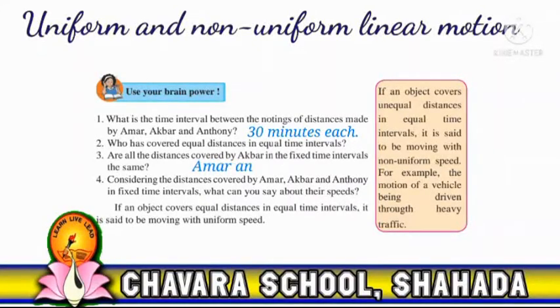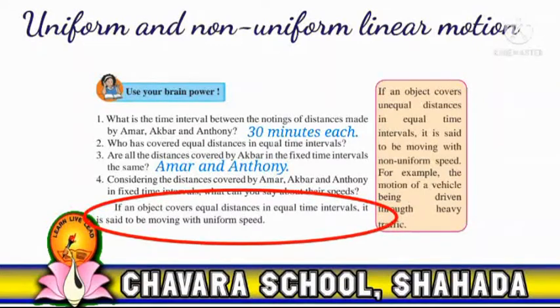Amar and Anthony have covered equal distances in equal intervals of time. Fourth question. Considering the distances covered by Amar, Akbar and Anthony in fixed time interval, what can you say about their speeds? We can see Amar and Anthony are traveling with uniform speed.